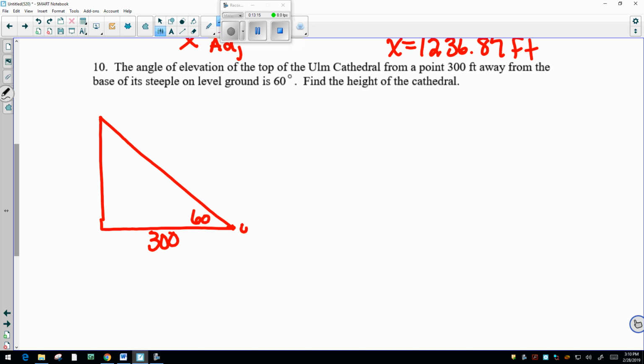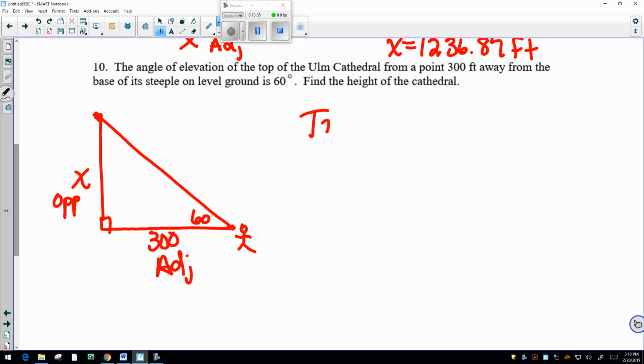So here I am standing down here, looking up at the top of the cathedral, and my angle of elevation, that change of my eyesight, is 60 degrees. And we have to find the height of the cathedral. Again, here's my opposite side, here's my adjacent side, so we're going to be using that tangent ratio.